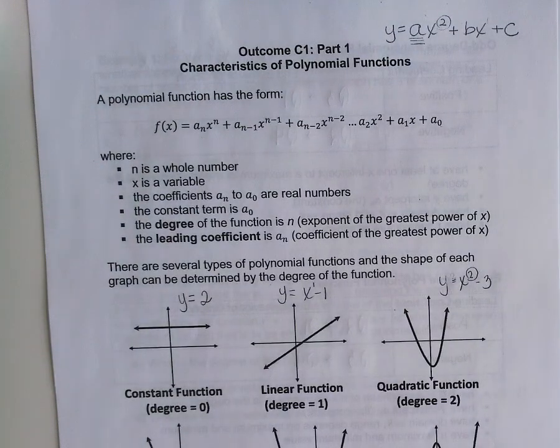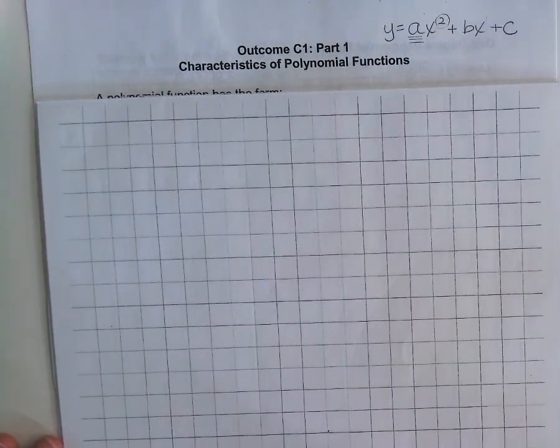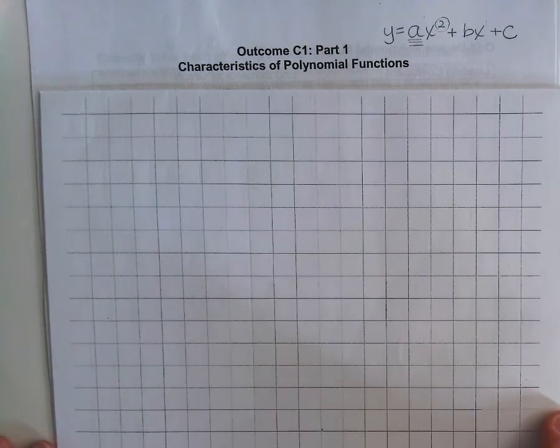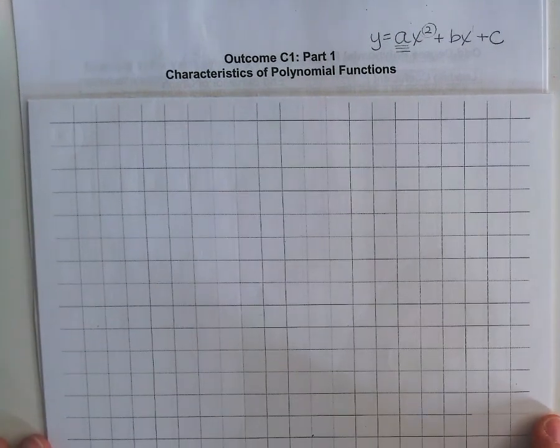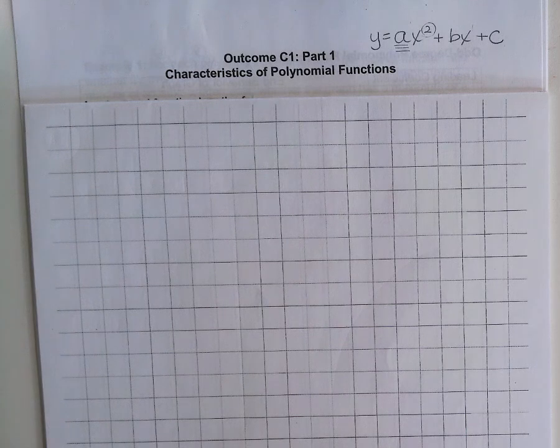When we're talking about polynomial functions, we can get some key information from 2 parts of our polynomial function. The first is the degree, because the degree will tell us the shape of the graph. And the second is the leading coefficient, because it will tell us something called the end behavior of our graph. So what quadrant our graph is moving to and from.